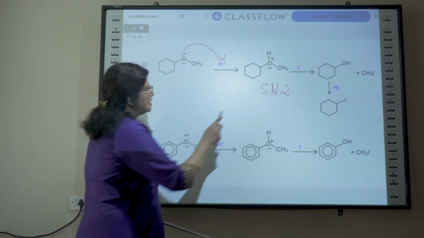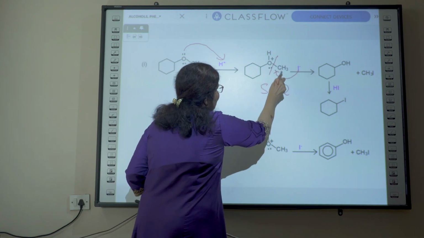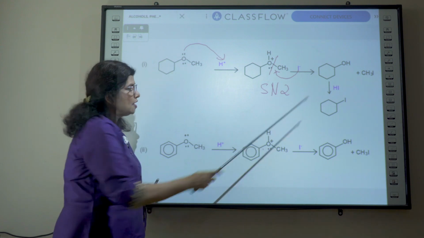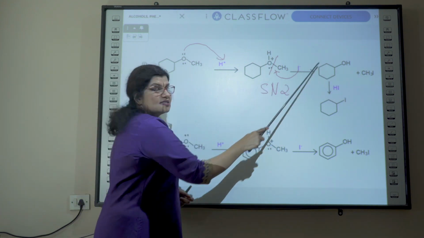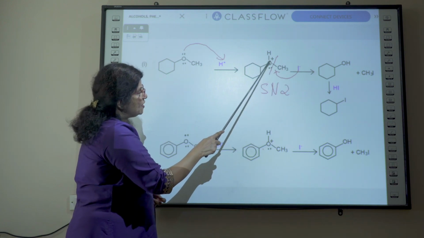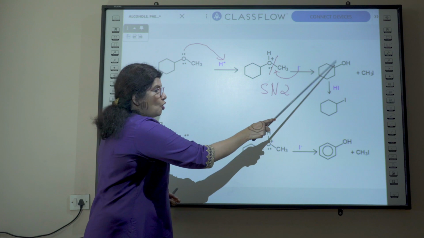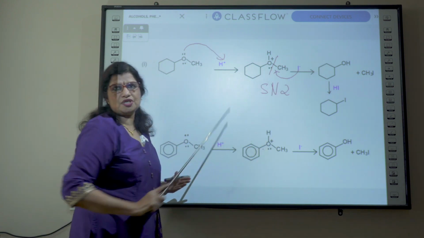As a result this bond will break and the iodide ion will attach itself to the CH3 group to produce methyl iodide, and the other product is cyclohexanol, where the lone pair of electrons has been restored back to oxygen. In this reaction, we are using excess hydrogen iodide.